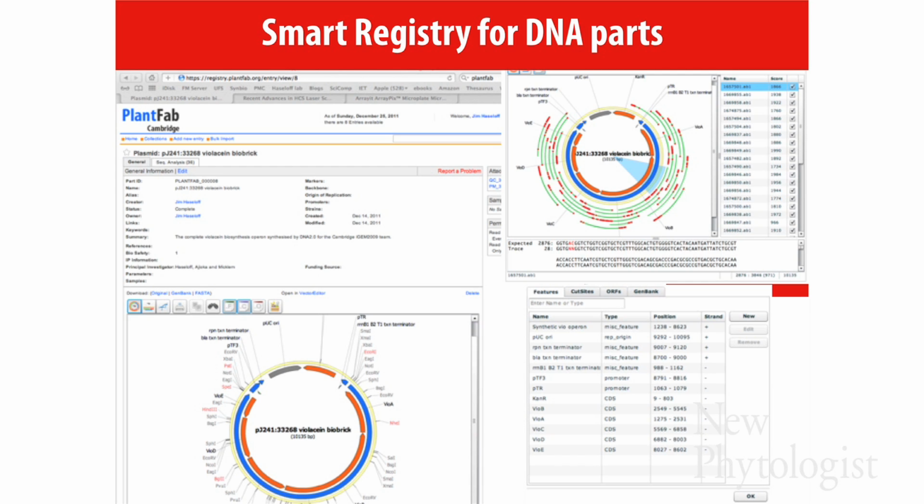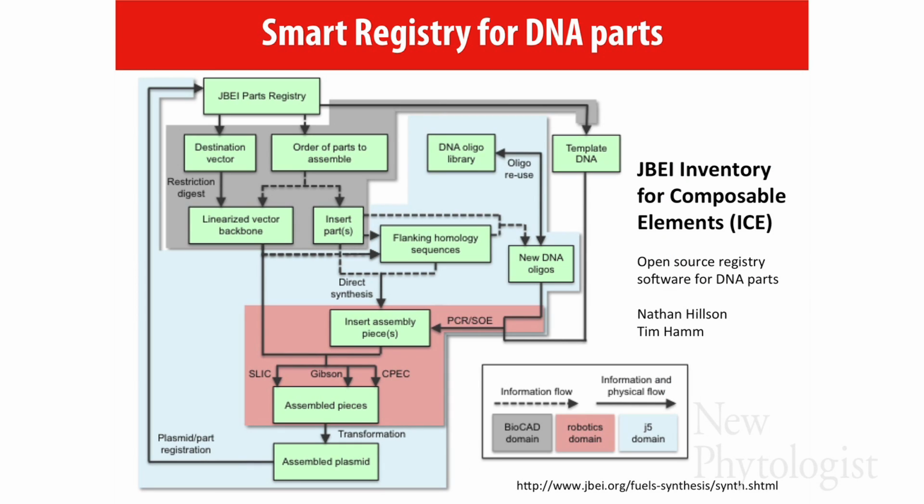It allows you to have access to different plugins for assembly and for vector assembly. And this just sort of describes these smart registries that you've got, not just the storage of the DNAs themselves, but also these series of plugins which allow automated assembly and oligo ordering, etc.